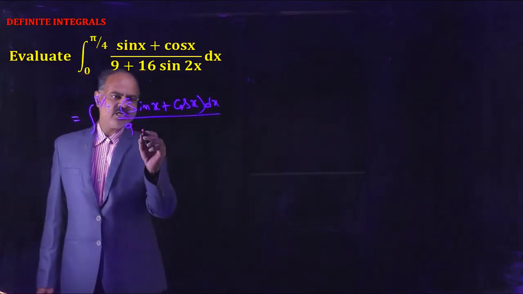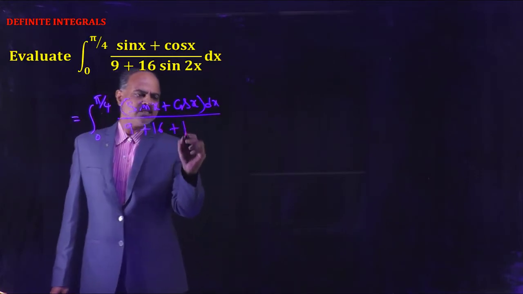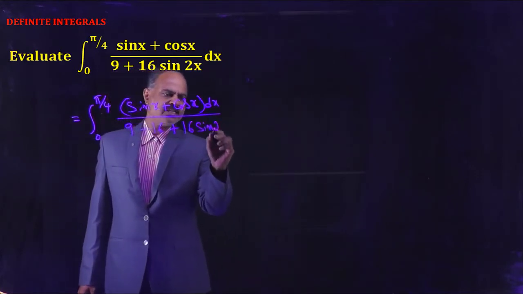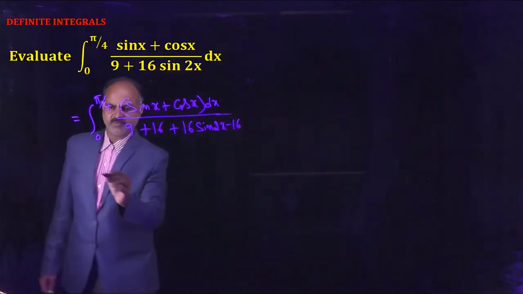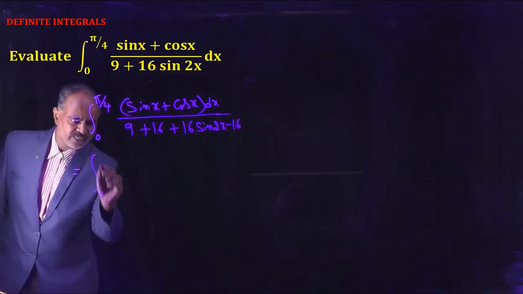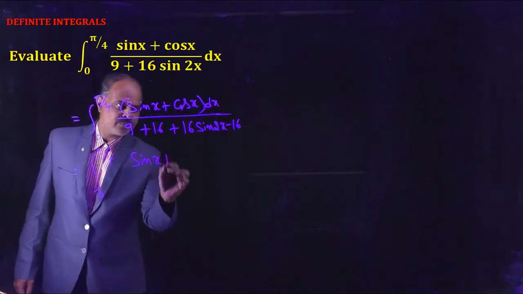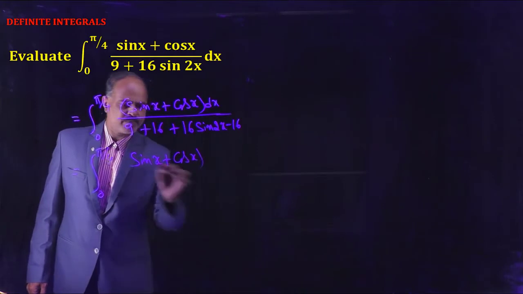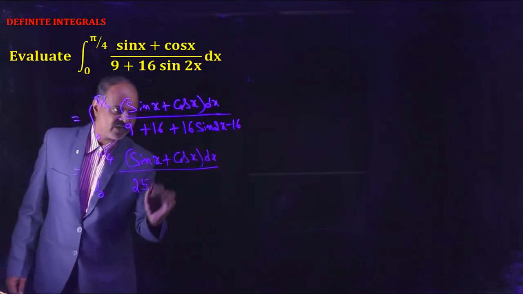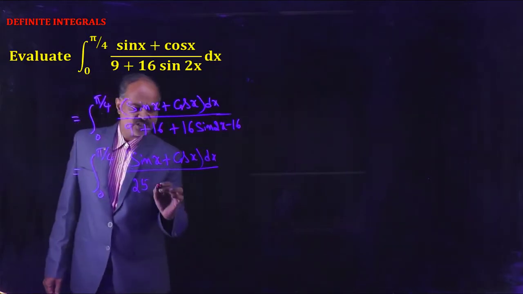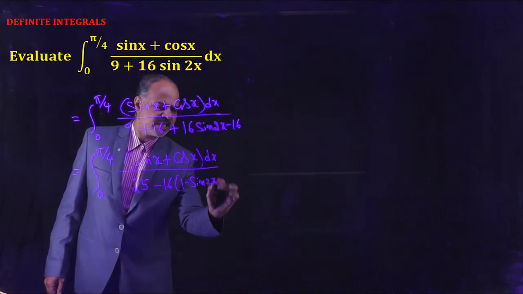So adding 16 and subtracting 16: 9 plus 16 plus 16 sin 2x minus 16. Now this is equal to integral 0 to pi by 4 of sin x plus cos x dx by 25 minus 16 into 1 minus sin 2x.